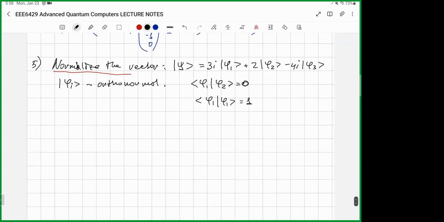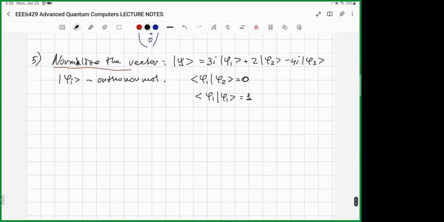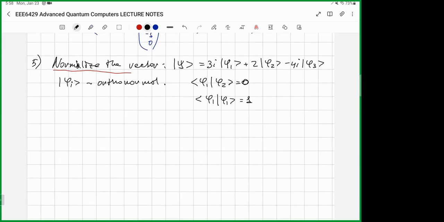So as you can see, and this is what we discussed several times already, you can take any vector in some space, and in this space we have chosen an orthonormal basis of vectors phi1, phi2, phi3.